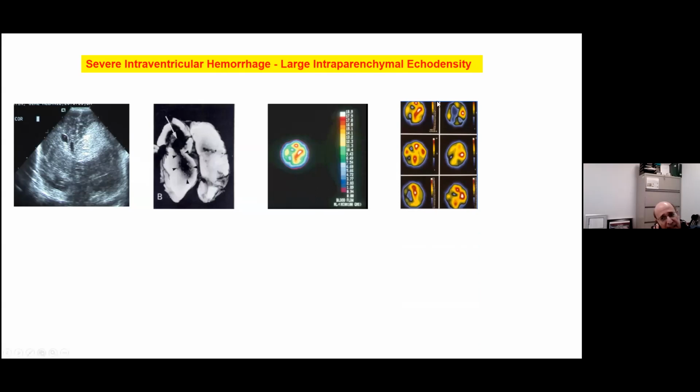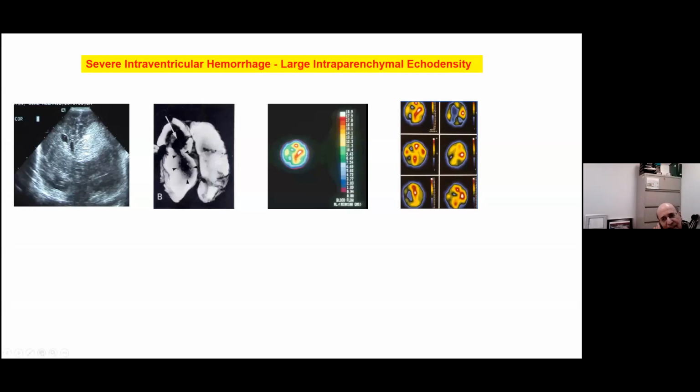We studied subsequently many cases, but we published this in Pediatrics many years ago. And all these cases had left-sided intraparenchymal lesions. And one of the sidebars of this conversation, for reasons that are unclear, whether you're talking about stroke or intraventricular hemorrhage with adjacent involvement, the left seems to be involved more than the right, a ratio of about 2 to 1.